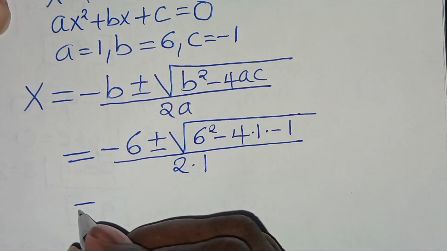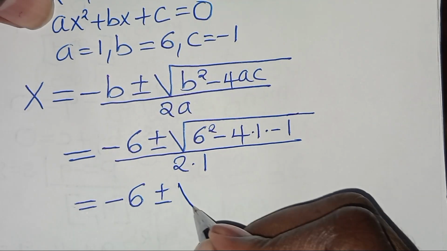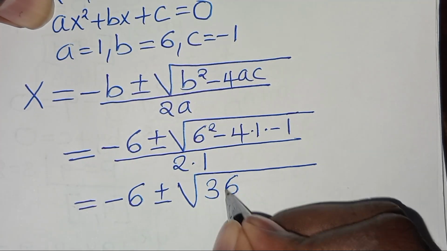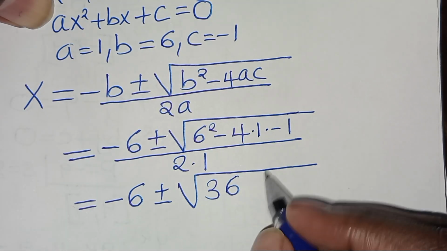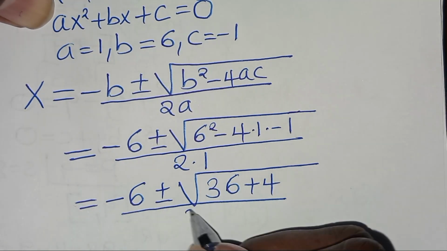So this implies that we have minus 6 plus or minus the square root of 6 squared, this is 36, then minus 4 times minus 1, which is the same thing as plus 4, everything divided by 2.